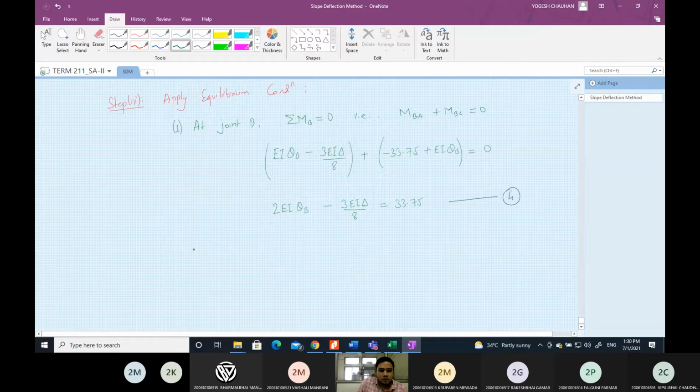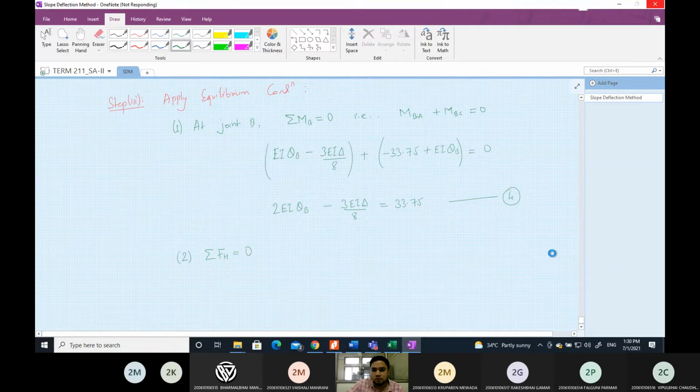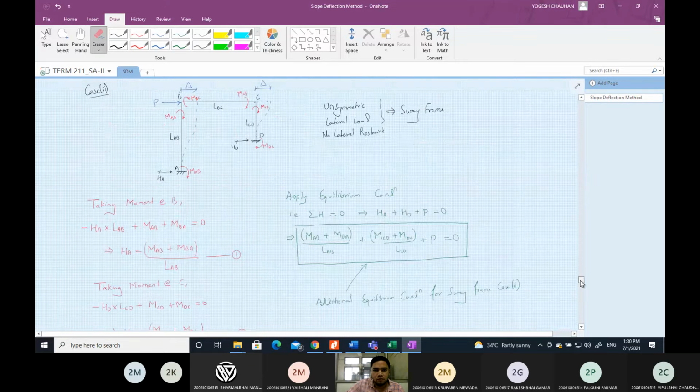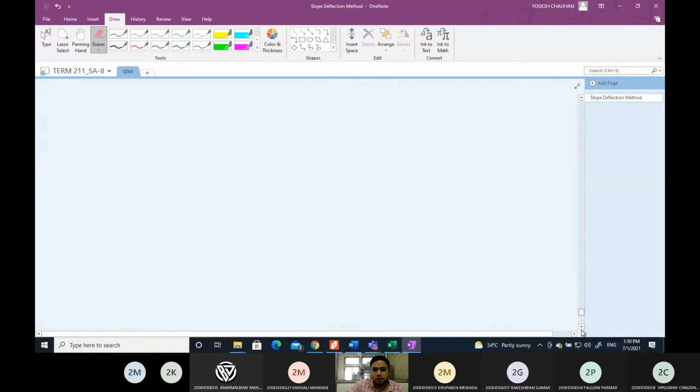Now apply the second equilibrium condition, that is, summation of horizontal forces equal to 0, sigma H equals 0.